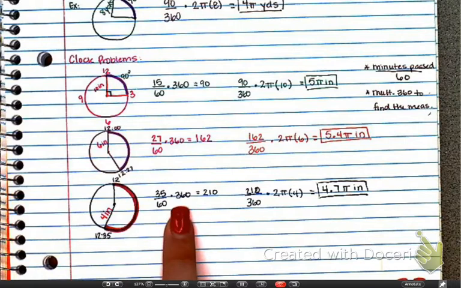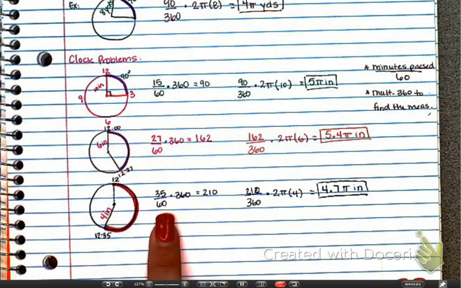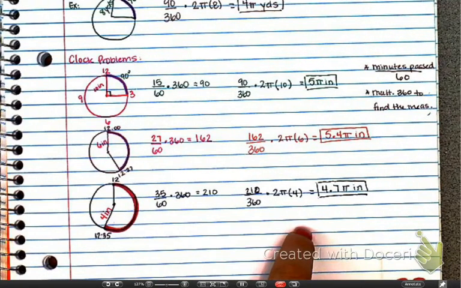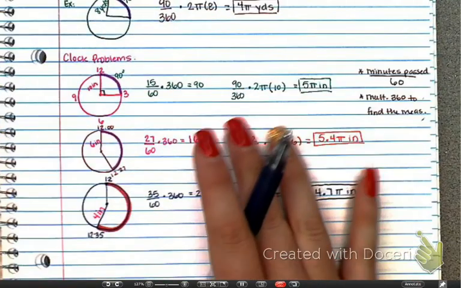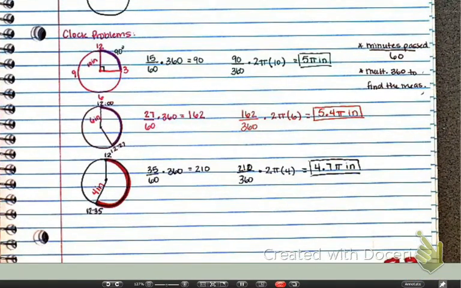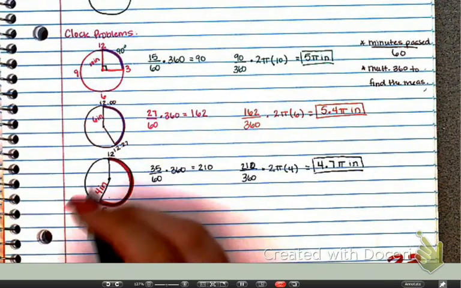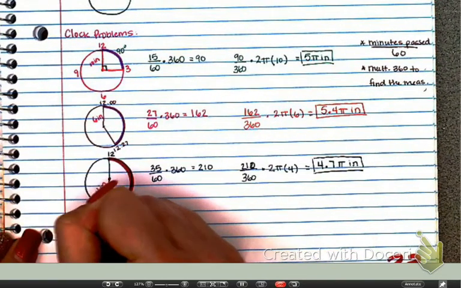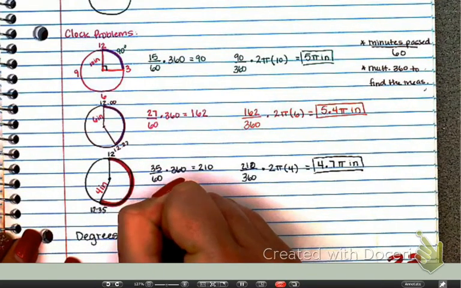You should have gotten 4.7 pi inches, because it's 4.66666667, so you round it to the nearest tenth. Plug it in again: 210 divided by 360 times 8. You should have 4.7.